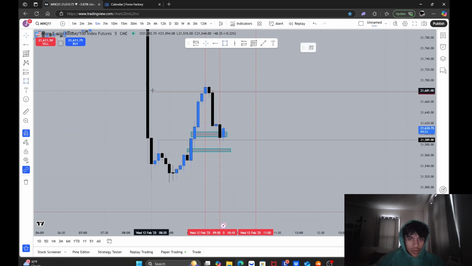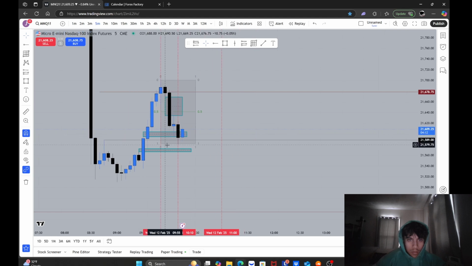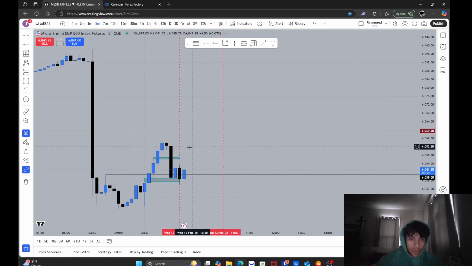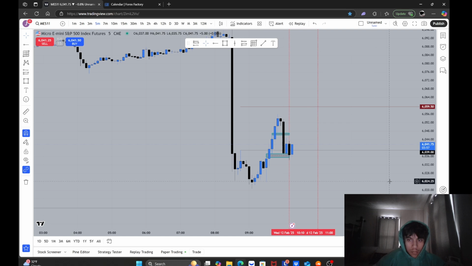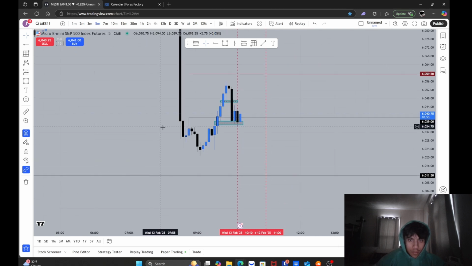Let's see if we retrace back into this imbalance. Let's mark out equilibrium as well. This is gonna be the teller of my story. Oh, we didn't inverse here though on ES.